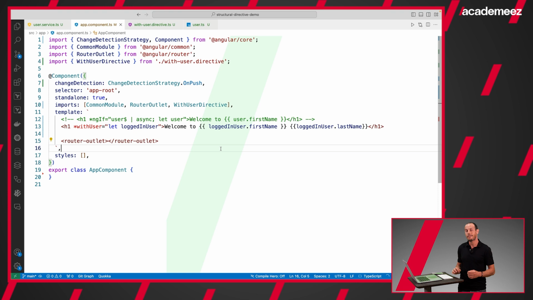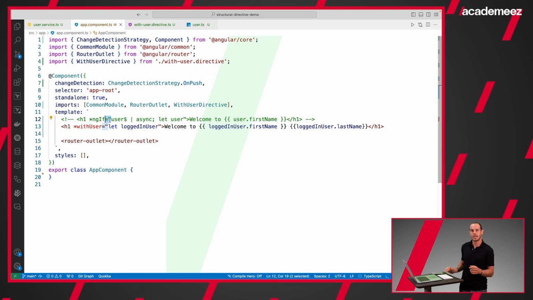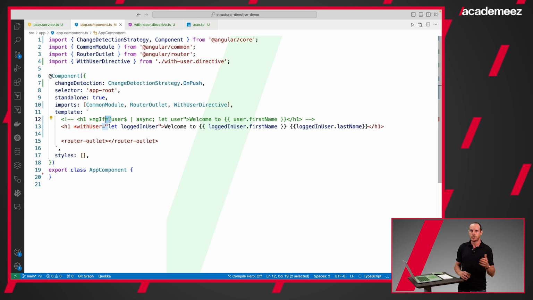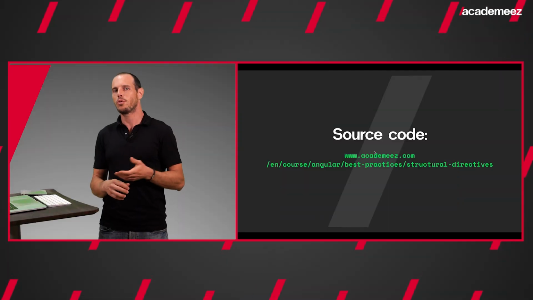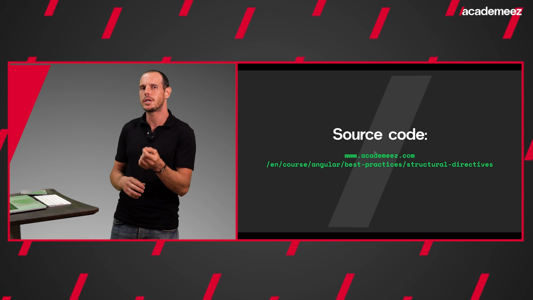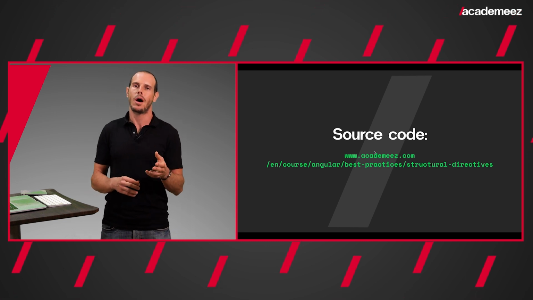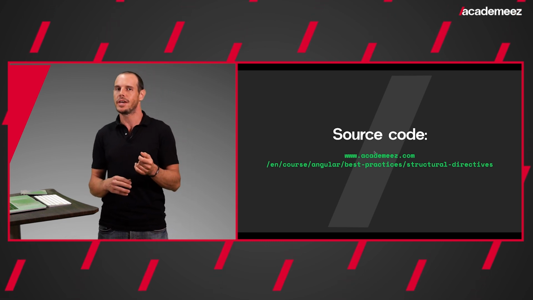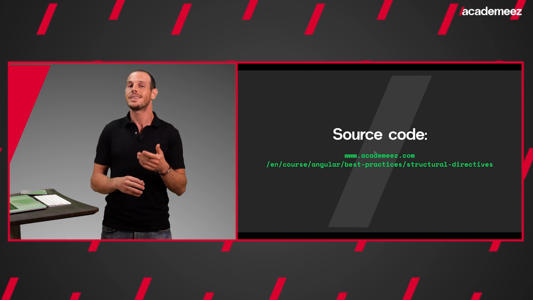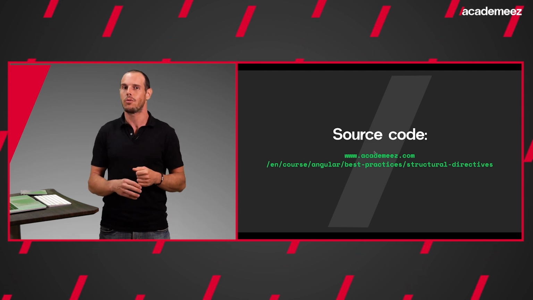So we saw here that a repeating ngIf condition is actually a good signal that you can avoid that DRY violation using a structural directive. So in this pro tip, we saw an example of using a structural directive. Sometimes when you have ngIf with a repeating condition, consider using a structural directive.